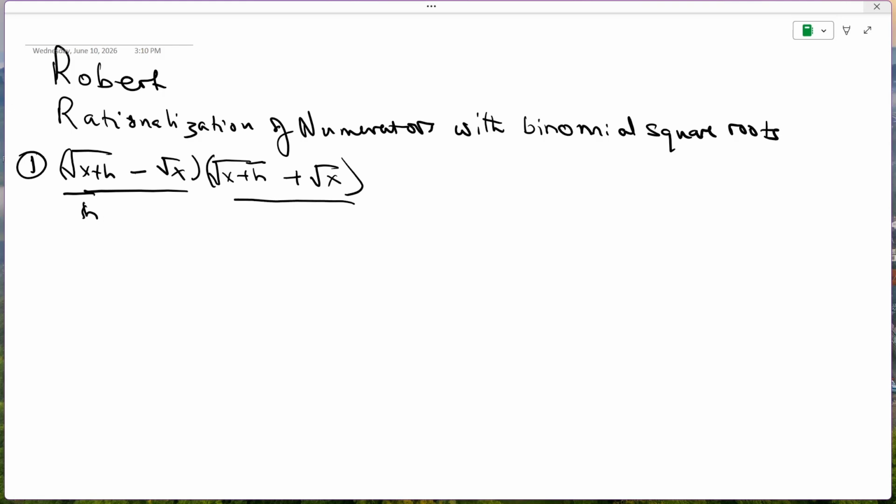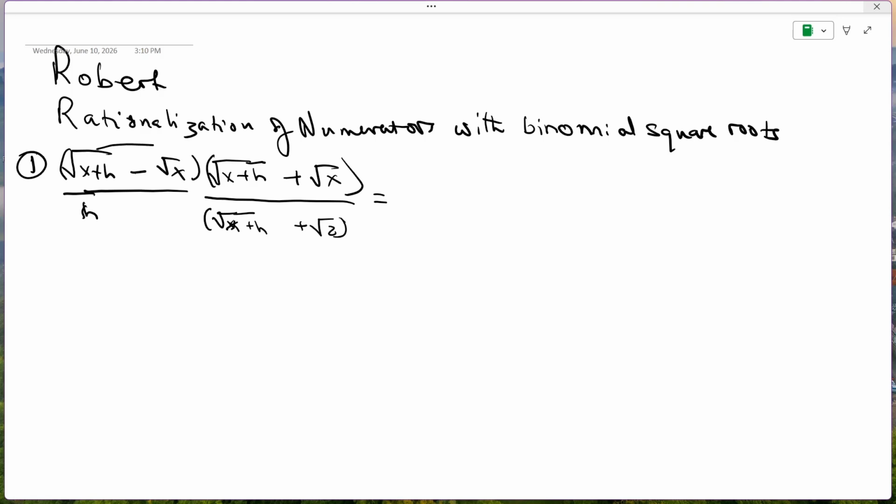So you must also multiply the denominator by the same conjugate, root x plus h plus root x. So then from here, we can use the distributive property to multiply out our values.